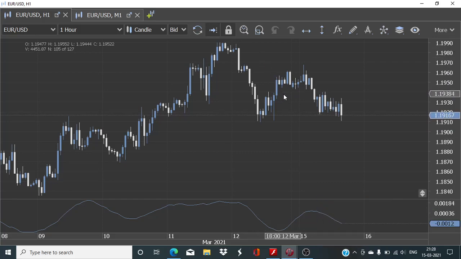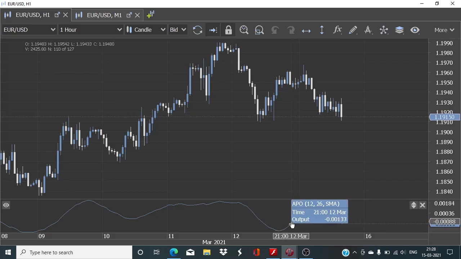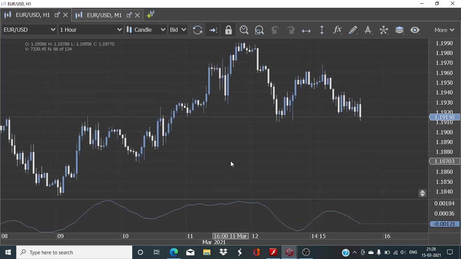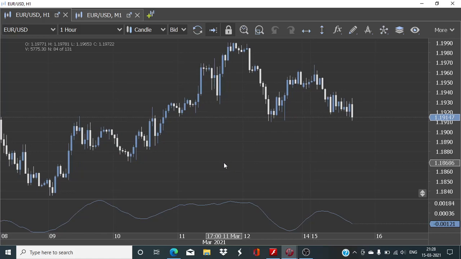And whenever there is a price rise, the APO follows suit and it is in the bullish trajectory. So this indicator is basically used to look at the price formation. We get a clear cut idea of the trend, and then accordingly we can trade. So whenever you want to do the with the trend trading, you can consider this indicator, the APO.